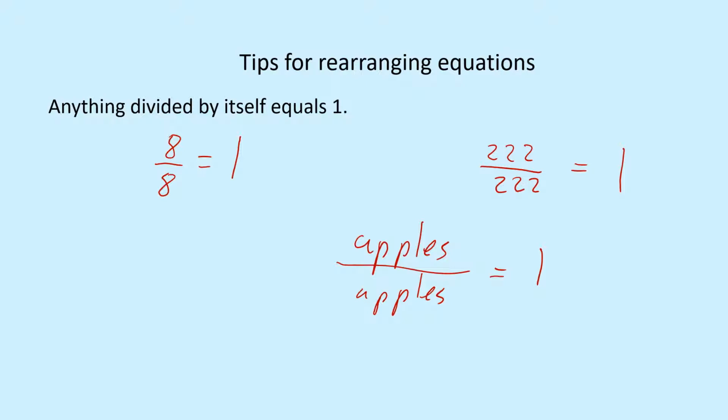So we might have what we had in the previous slide, Vt equals St over t. Well, t divided by t equals 1, so we end up with Vt equals S, and then if we just swap sides, S equals Vt, which you'll remember is one of our equations.